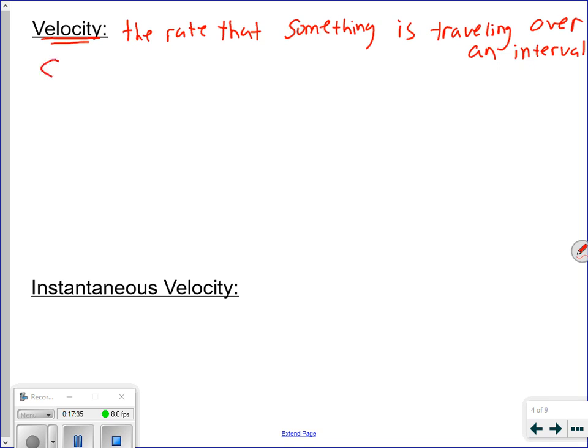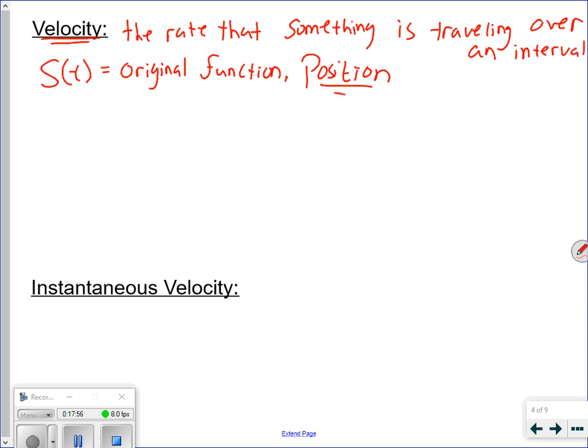For instance, s of t. Now, don't ask me why they choose s instead of like p, because s of t represents the original function. It's the position. So again, I don't know why they don't choose p of t, but they call it s of t. It's the position after some interval of time.